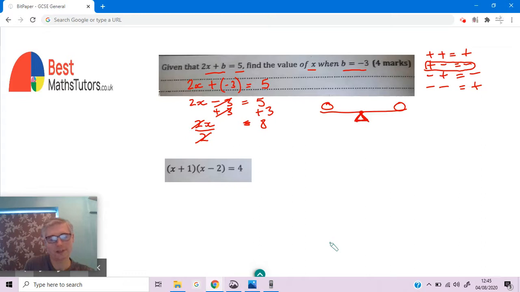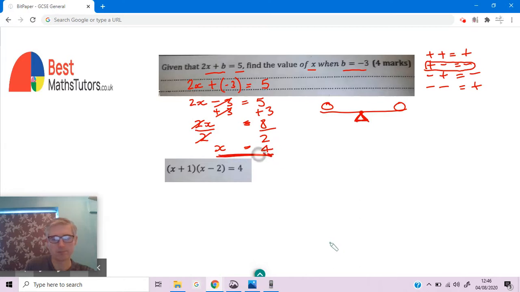But because I've divided that side by 2, I've also got to divide that side by 2. And so I would be left with x on the left-hand side equals 8 divided by 2, which is 4. And we've finished it.